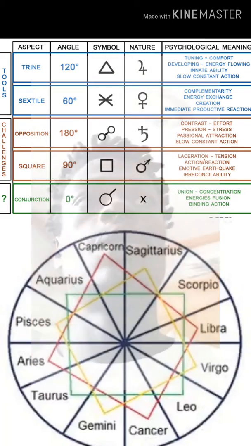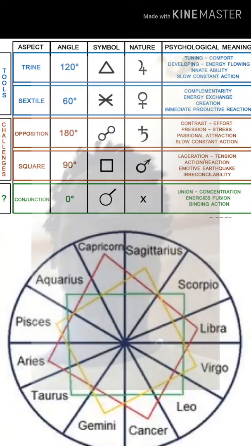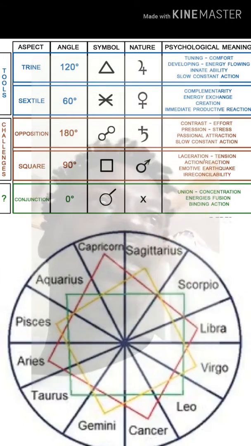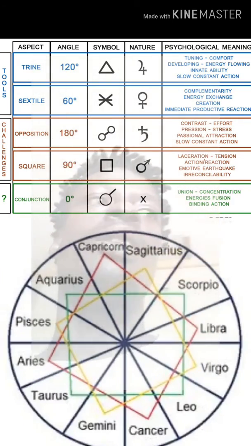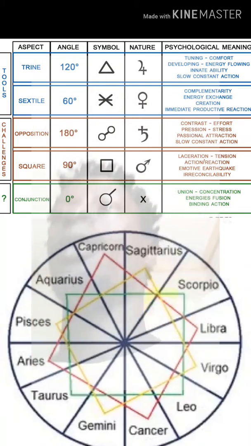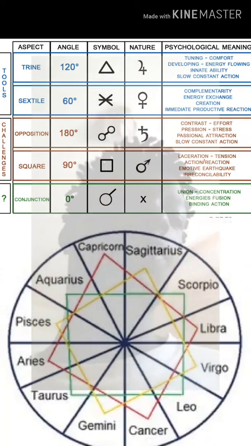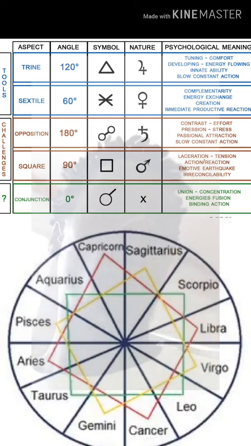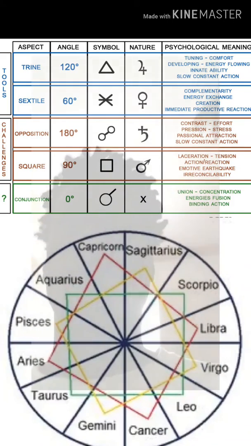So water goes with earth, fire goes with air. Sextiles play out as an immediate reaction, productive, an energy exchange where things are going good. So you're vibing with the energies. It's like earth needs water, fire needs air. So it's more like things are working now.